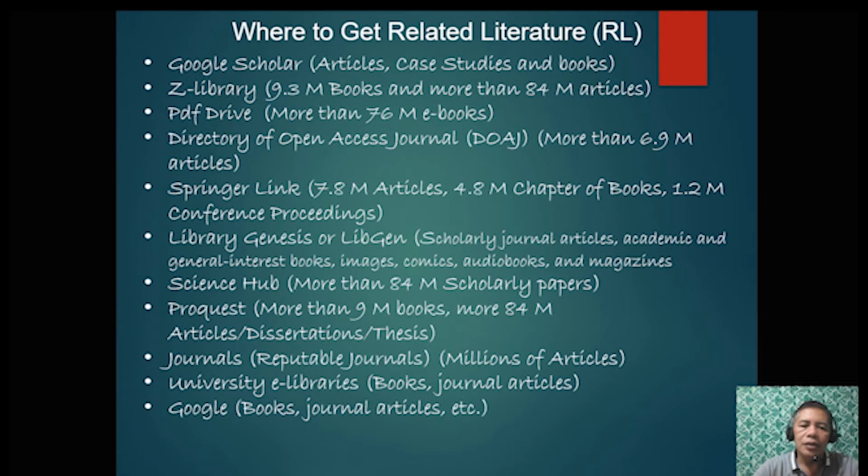Another is Z-Library. In Z-Library, there are more than 9.3 million books and more than 84 million articles. And this figure will continue to increase. As of yesterday, these are the figures for books and articles.